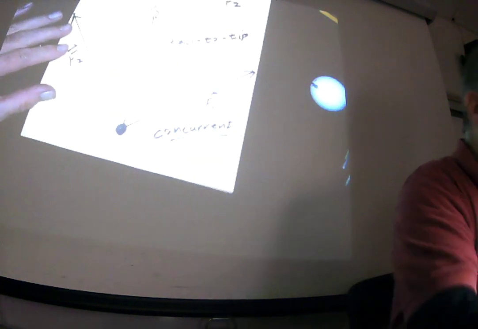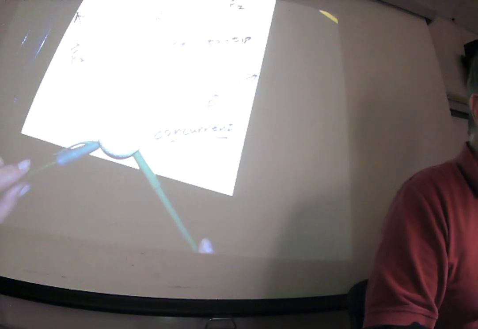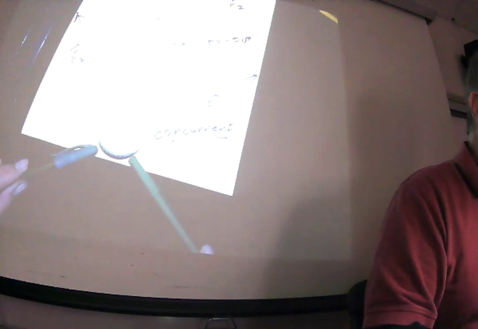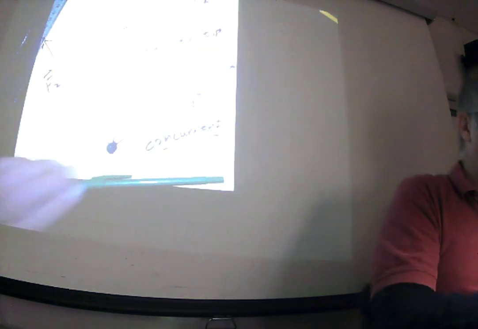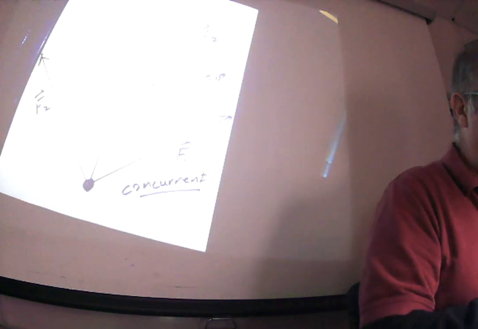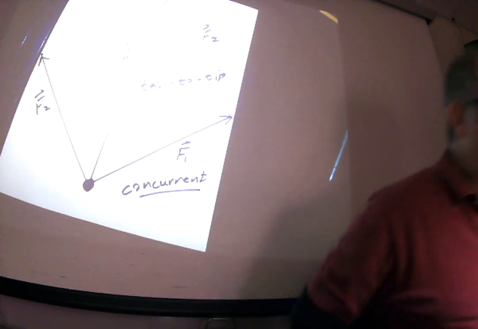So, I have a ball here, and Bill tries to push it this way, and his friend Jill tries to push it this way. The net effect of Bill and Jill is to push it along the line of the resultant. All right? Now, any questions so far?